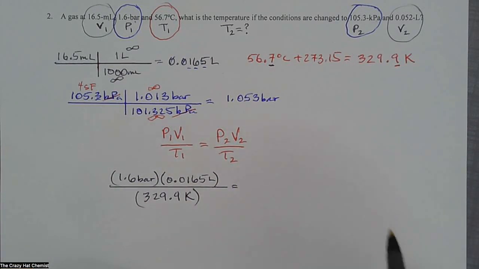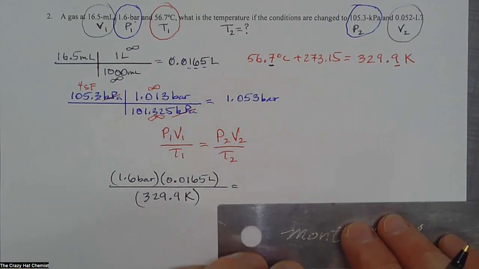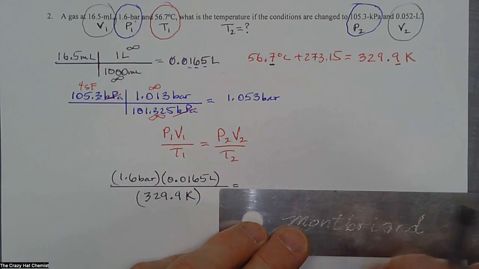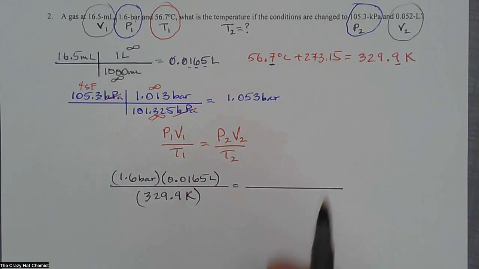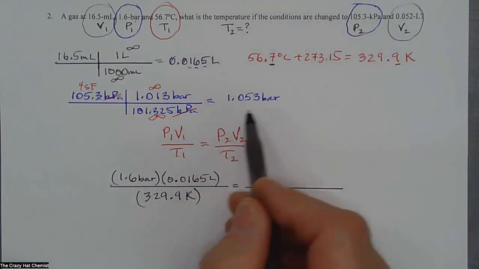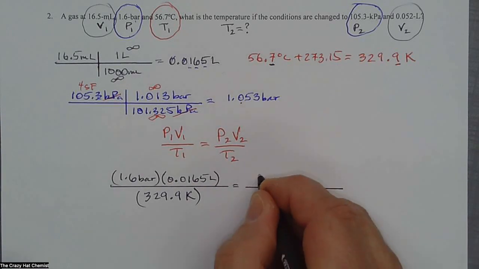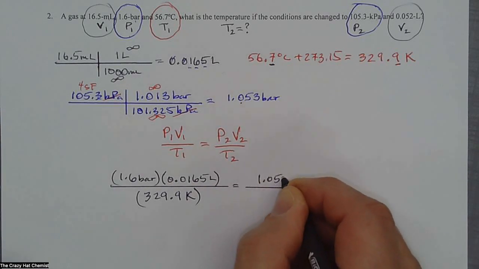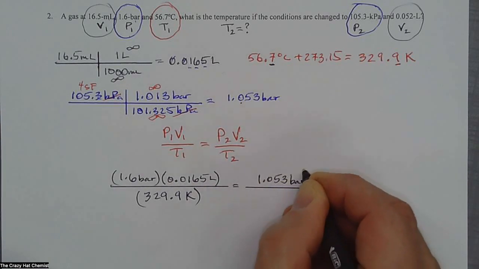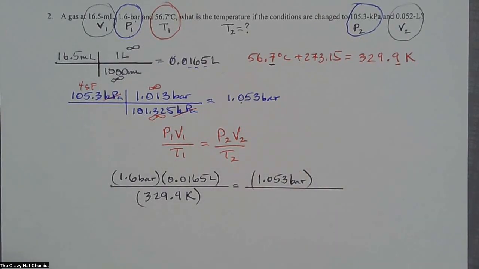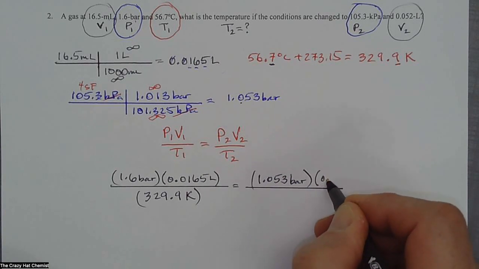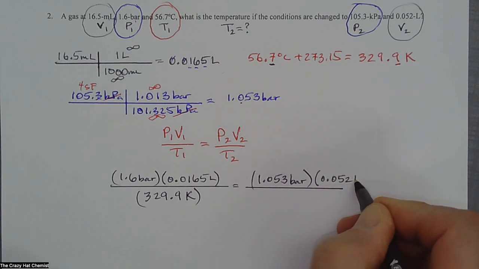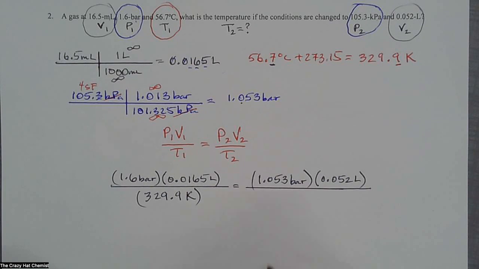And then I have my second pressure. Here we go. 1.053 bar. And my second volume is right here, 0.052 liters. And I am solving for temperature number 2.